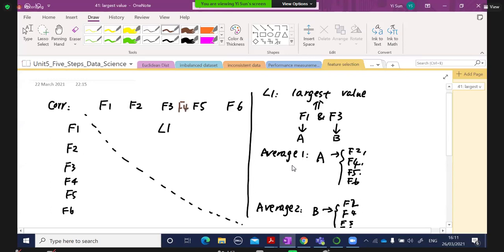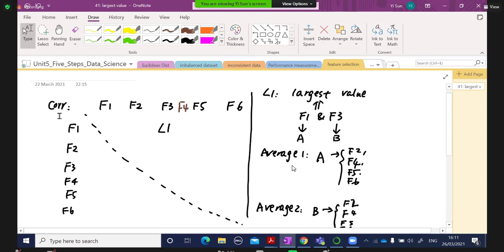First step, calculate the correlation for these 6 features for the data set. Along the main diagonal line, what values shall we have? They should all be equal to 1.